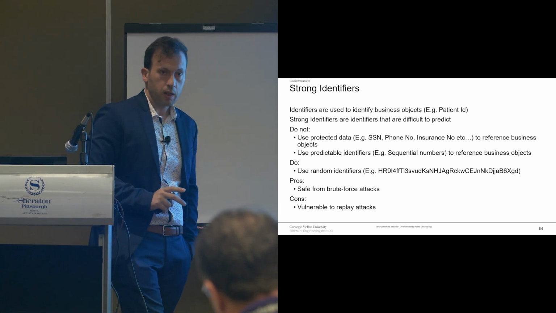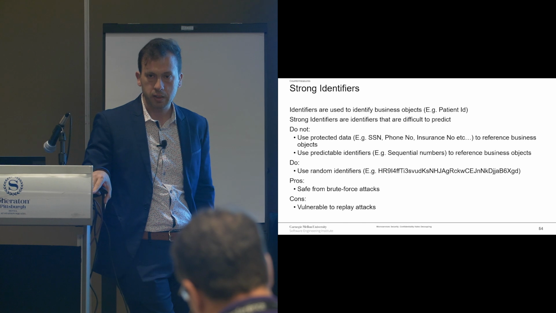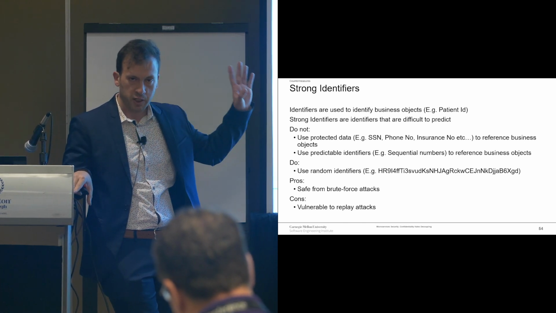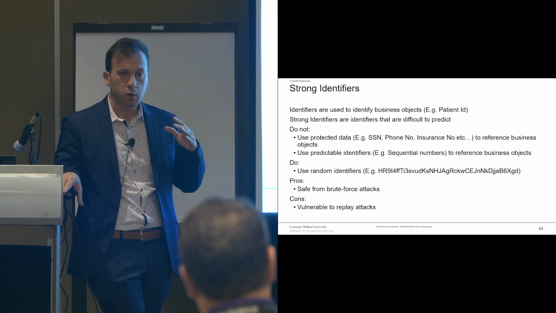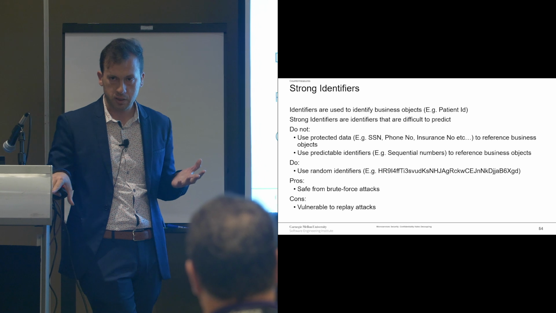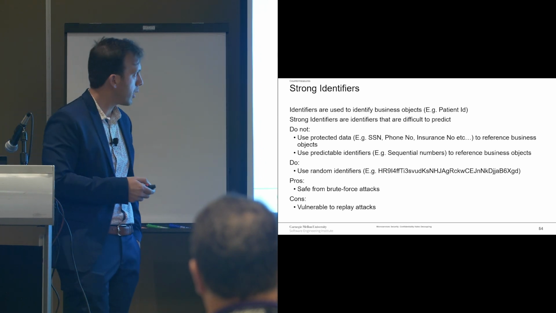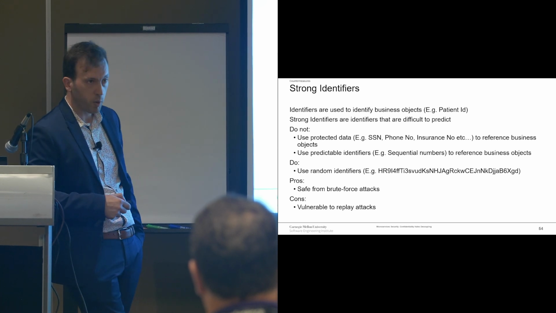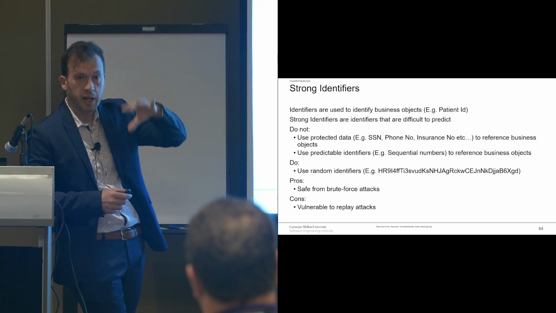The fifth solution or countermeasure is strong identifiers. This solution says, first of all, do not use protected data to reference business objects. What are the protected data? For example, the SSN, the phone number, the insurance number, and so on. We can't use these data to reference business objects in other applications.